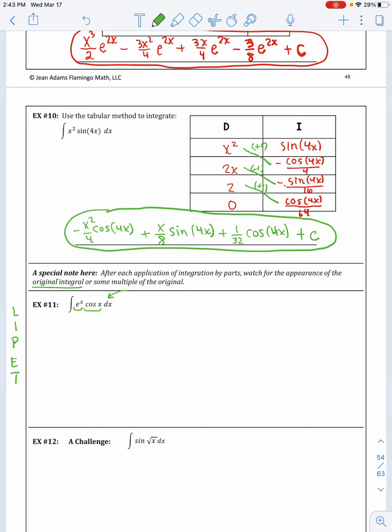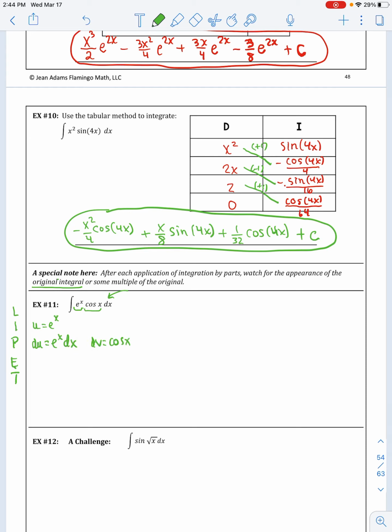And when we look at LIPET, I don't have a logarithm, I don't have an inverse trig, I don't have a polynomial, I have an exponential. Okay, so the exponential is what they're wanting us to make our u. So if our u is our exponential e to the x, our du is e to the x dx.